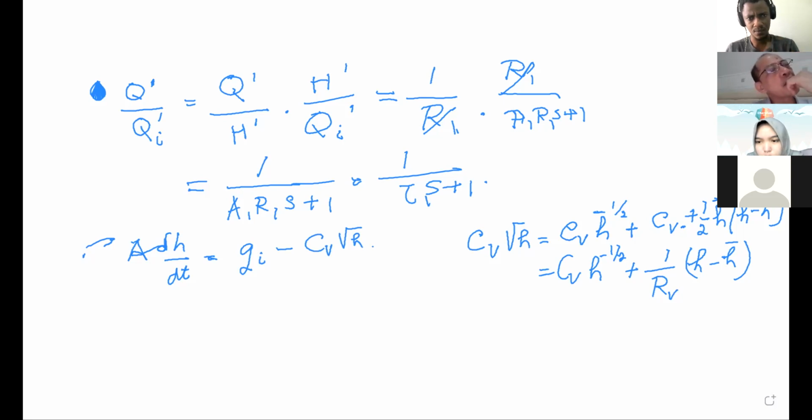H square, the differential will be 2H. So this will be H raised to the power 1 over 2 minus 1, which is minus 1 over 2.